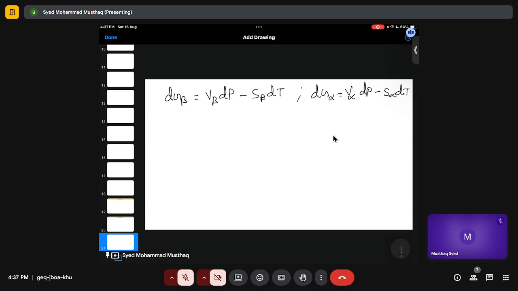Now at equilibrium, when two systems are in equilibrium, their free energies are equal. The first criterion for any system to be in equilibrium with its surroundings is that the free energy of the system and surroundings should be equal. The second point is that the value should be minimum.